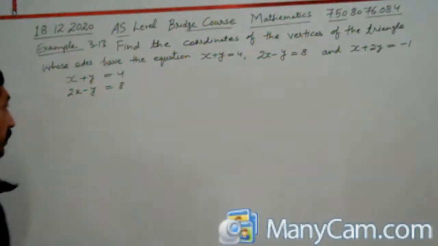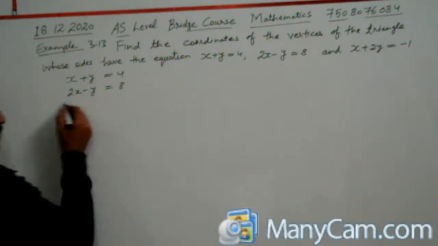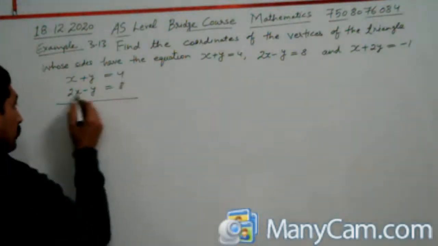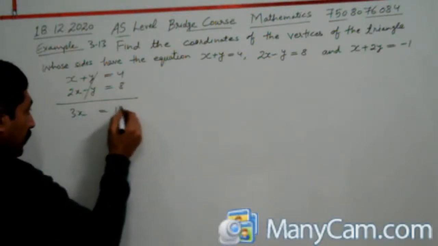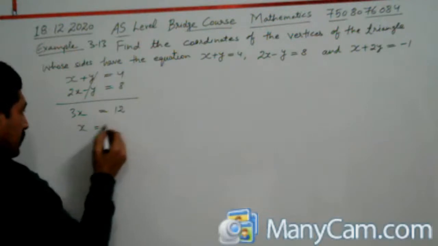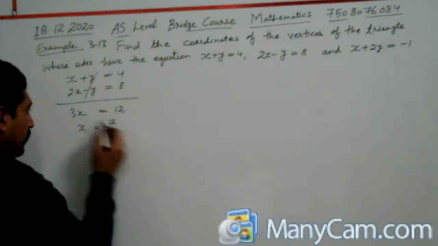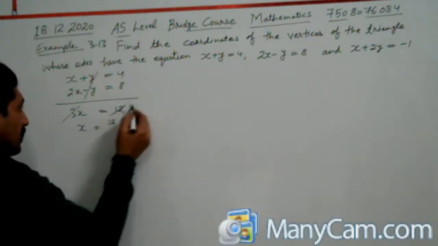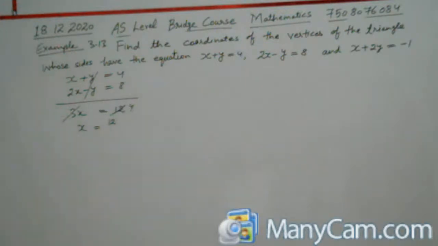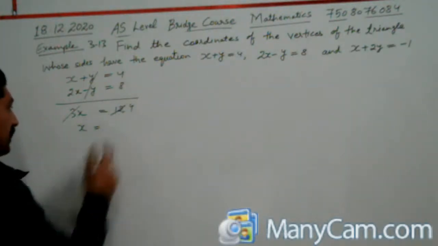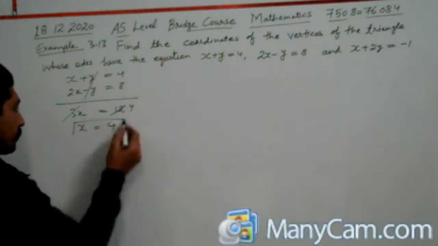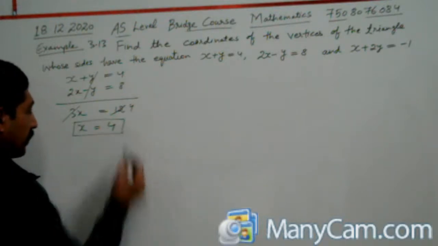So for the point of intersection, when we add both, y cancels, 3x is equal to 12, so x is equal to 12 by 3. 3 fours are 12, so the value of x is 4, right?